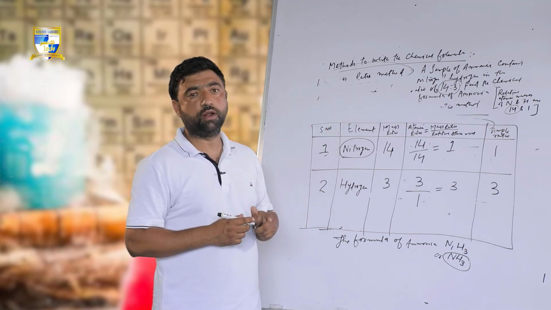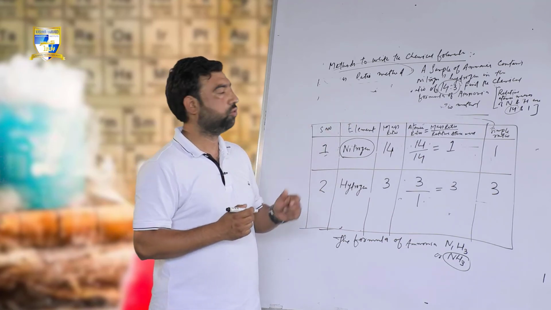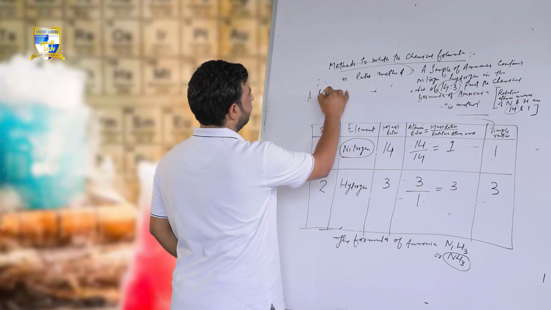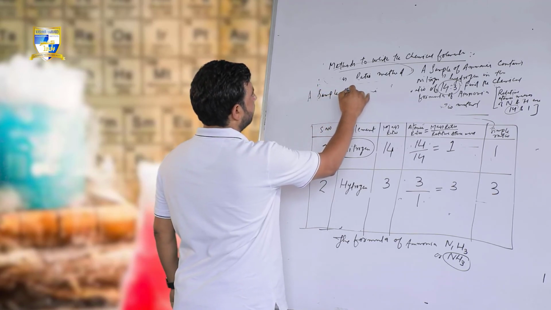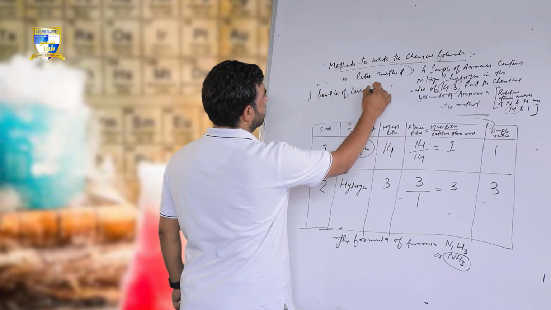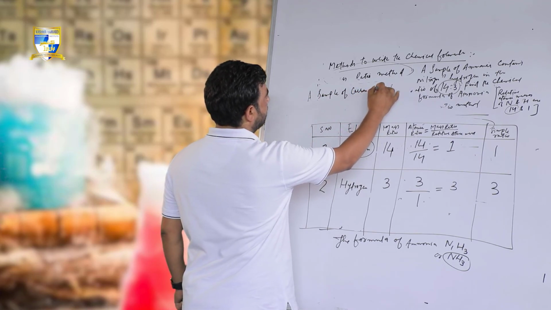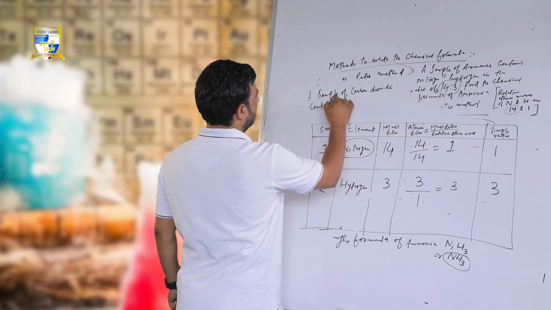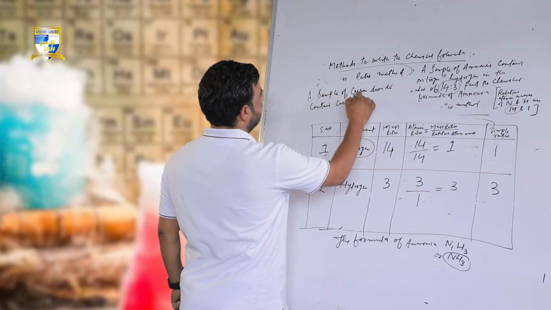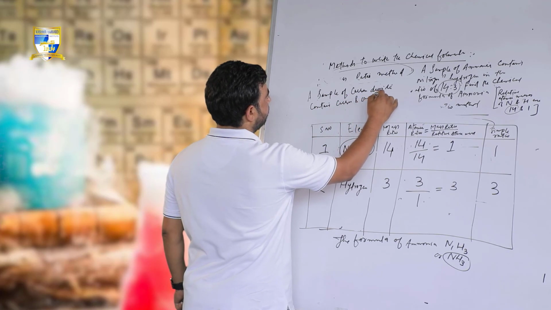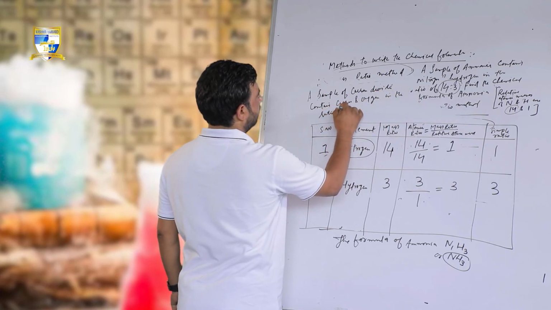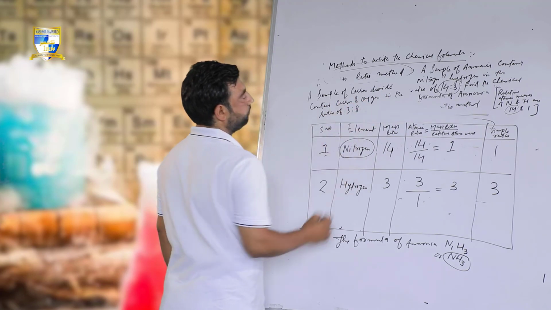I can give you one more example so that you can try at home to do the same. Write down: a sample of carbon dioxide contains carbon and oxygen in the ratio of 3:8.